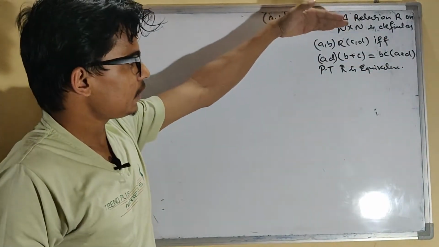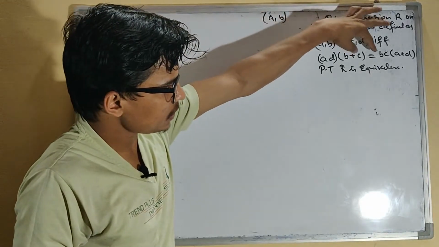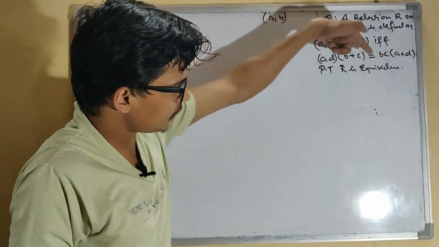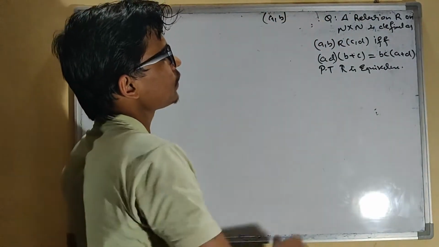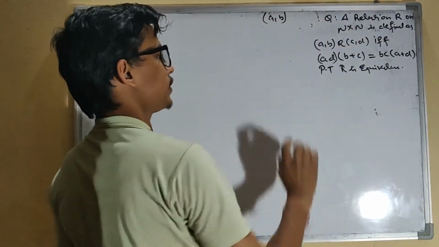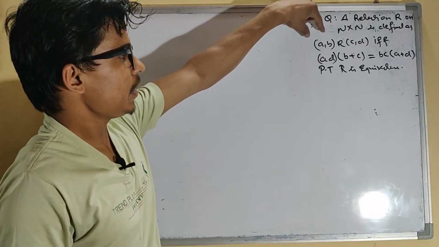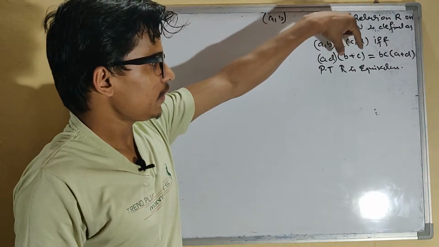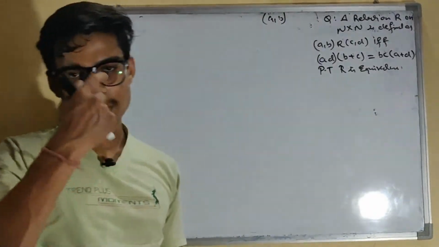If means that if this is related, then this implies this, and if the left-hand side is equal to the right-hand side, then you can say this, okay? It is something like: if this expression is A, then B, or if B then A. So we have to prove whether it is an equivalence relation.